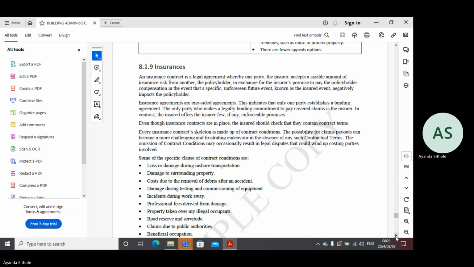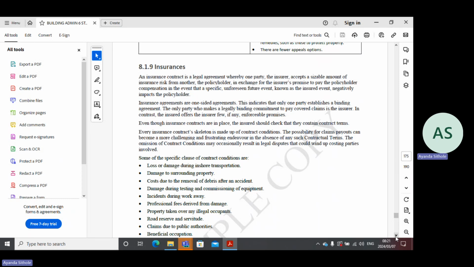Also, in companies or industries, there is insurance for a company. So it is very important to make an agreement with the insurers so that you make sure that everything is under control.